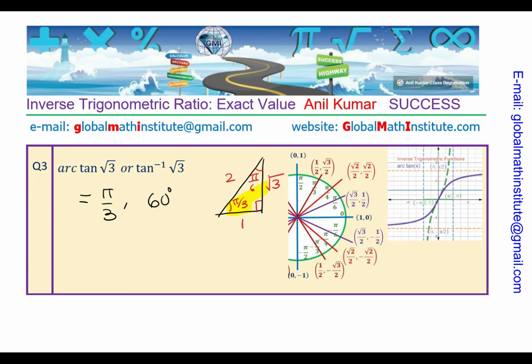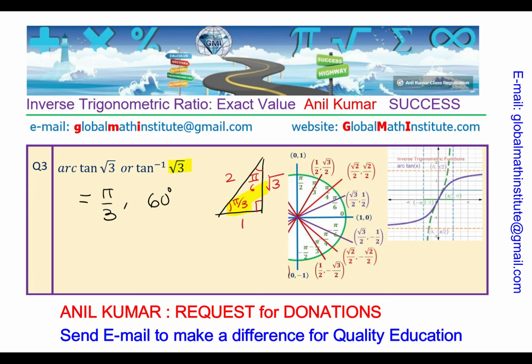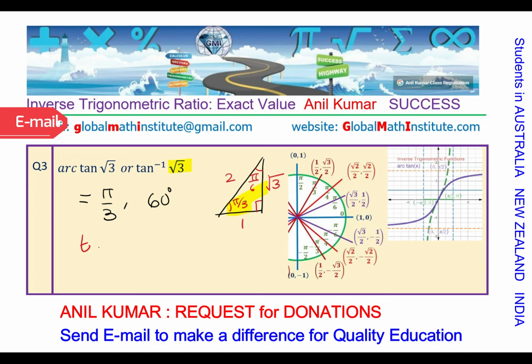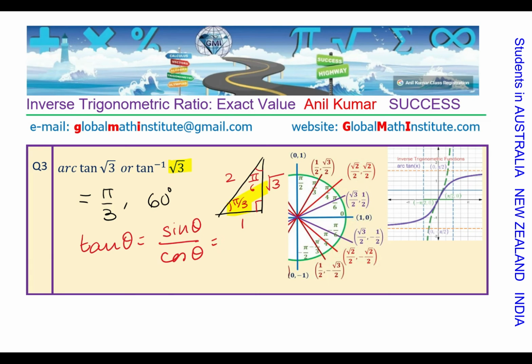And from the unit circle, you can again read the value. We are looking for tan, right? So tan is a ratio of sine over cosine. So you see tan theta is sine theta over cos theta. So that means the y value over the x value, correct, should be square root 3.